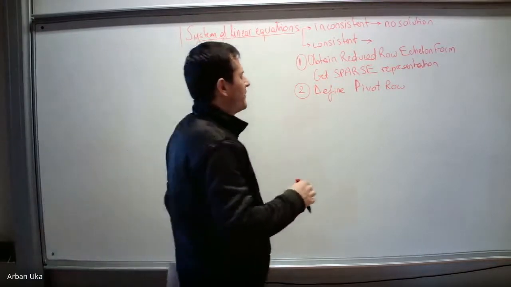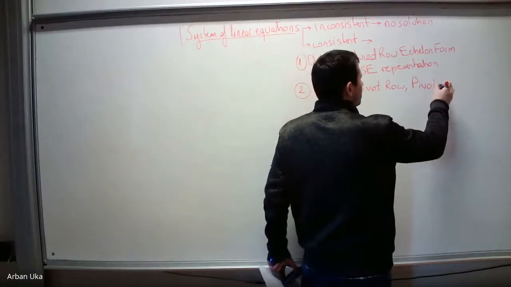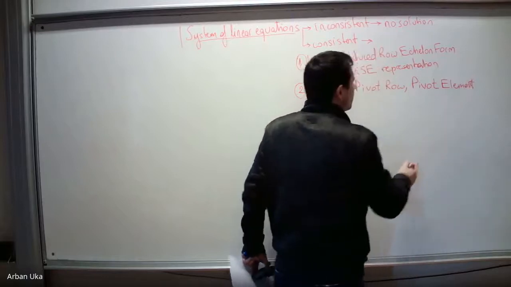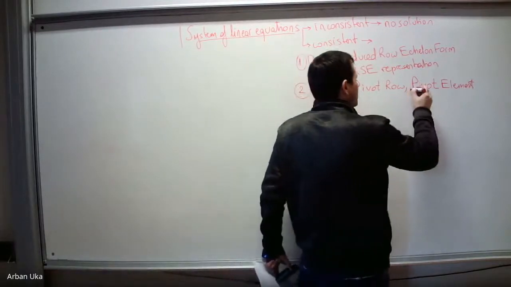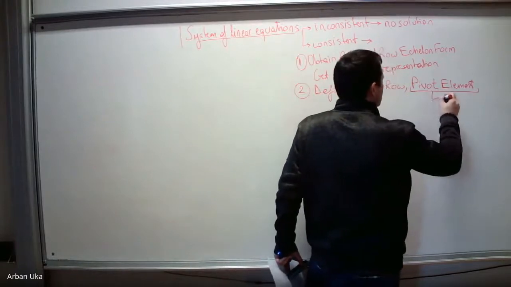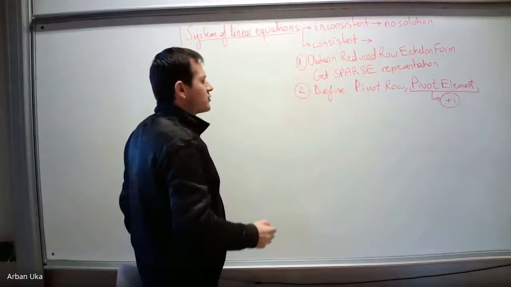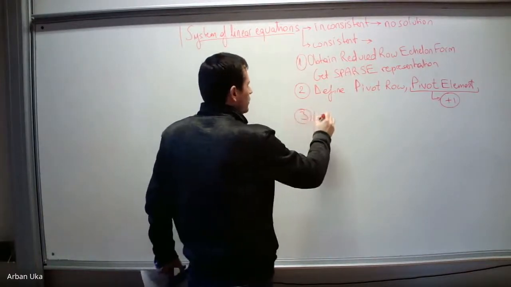Then in this pivot row, we identify the pivot element, and this pivot element we want it to be 1. So it's really good if we make this pivot element plus 1.